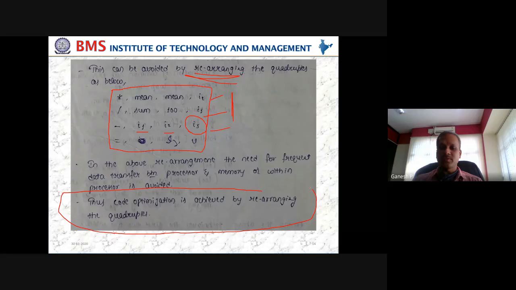We are looking at it. So first one is dividing the blocks, where reusability will be the important concept. Rearranging the block, where once again the processor data need not be sent back to the memory and vice versa, which we can avoid by rearrangement. So this is how the code optimization can be visualized or brought into the system.